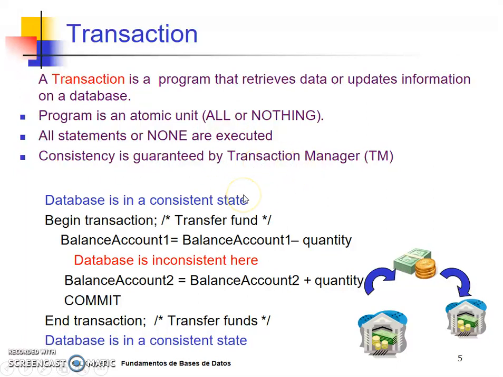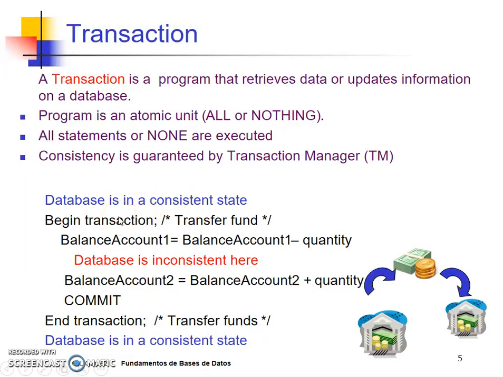Let's see an example. In this transaction, we are going to transfer money from one account to another account. So we are going to subtract a quantity from one account, and we are going to add the same amount to the other account. So we start the transaction and we assume that the database is in a consistent state before you execute the transaction.